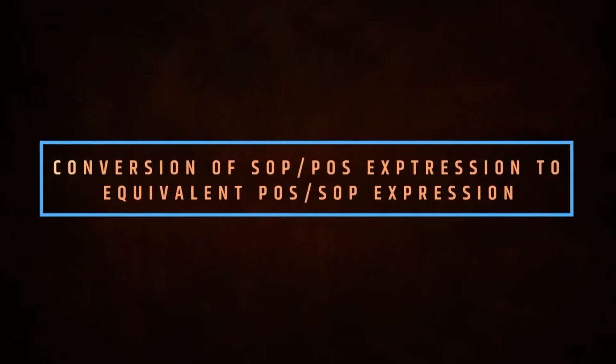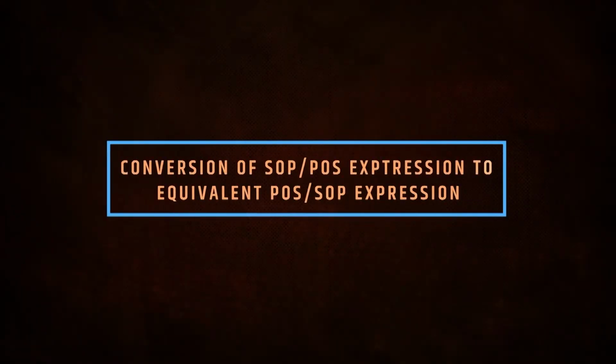We move on to the next topic now, conversion of sum of products or product of sums expression to equivalent product of sums or sum of products expression. When a product of sums expression is mapped, it can be converted easily to its equivalent sum of products expression using K-map.